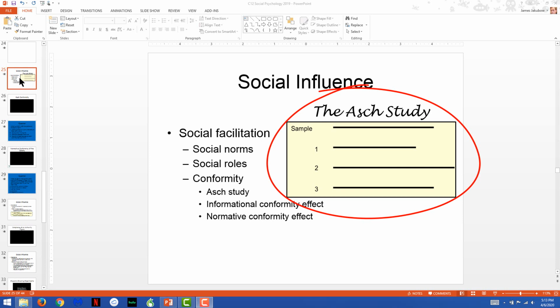So again, even with the example that's up on the screen, if all the Confederates said that comparison line number 1 was the same length as the sample, which clearly it is not, would the actual subject say line number 1 as well after 5 people made the mistake? In fact, they do tend to follow the mistakes of the individual from the experiments. And we're going to see an example of this in a fake interview in this video.